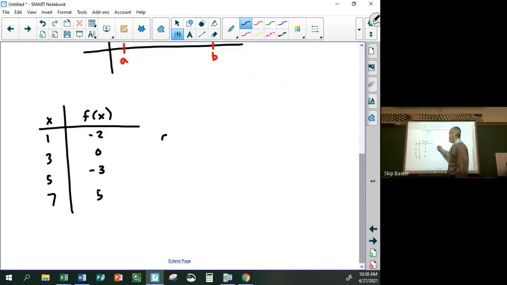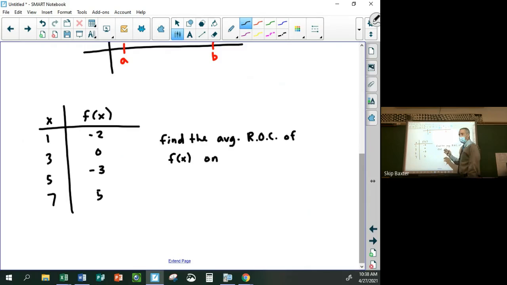And they would say, find the average rate of change of f of x on, and then they'll give you an interval. Maybe the interval is from 3 to 7, something like that.